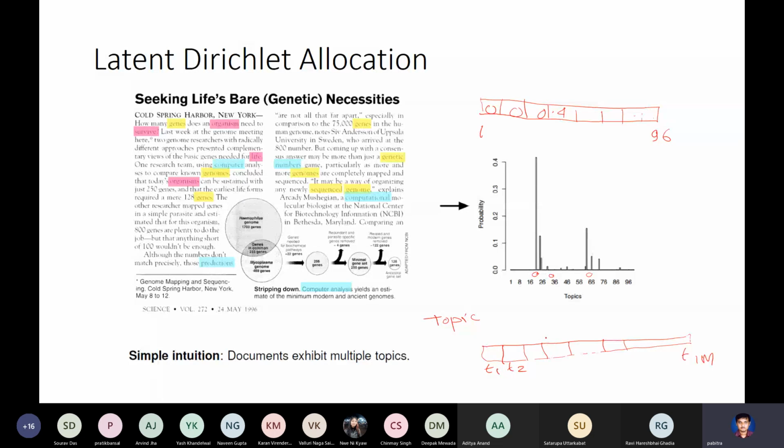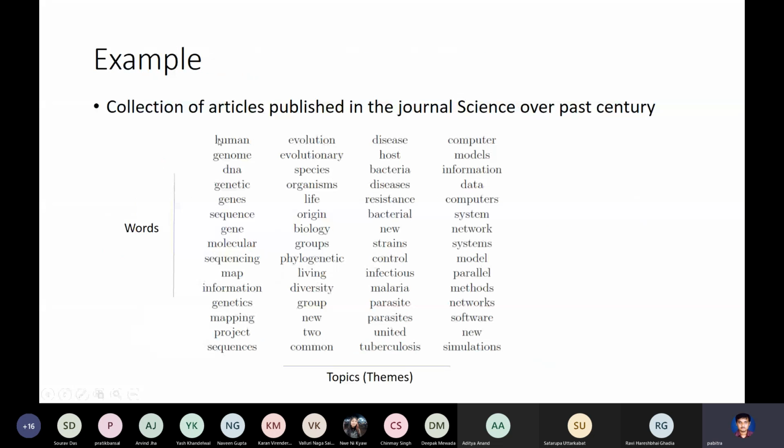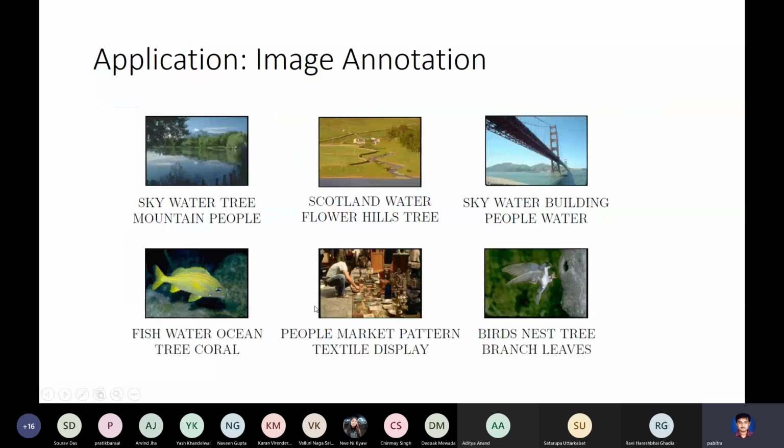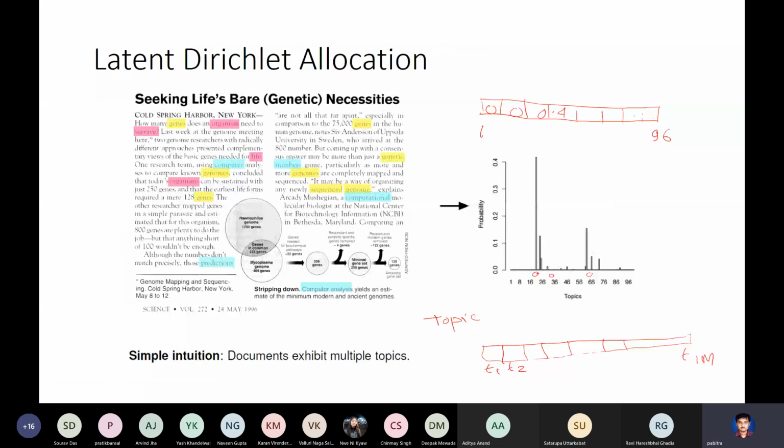So you remember this picture. This topic is a collection of these words with some probabilities again. So I can represent a topic again by a vector. This is the representation of a document as a topic vector, and the representation of a topic as a word vector.